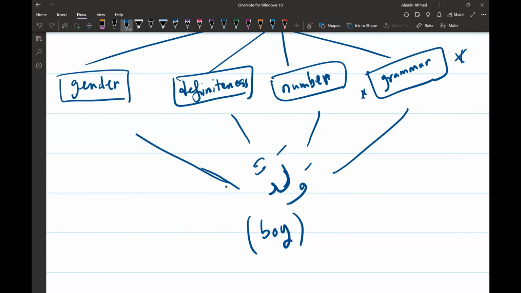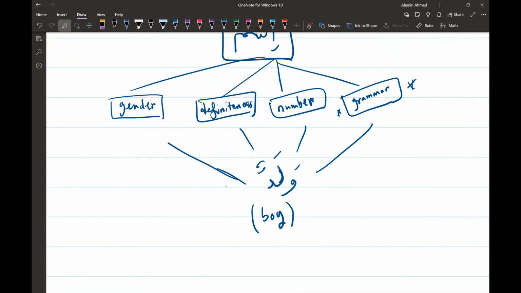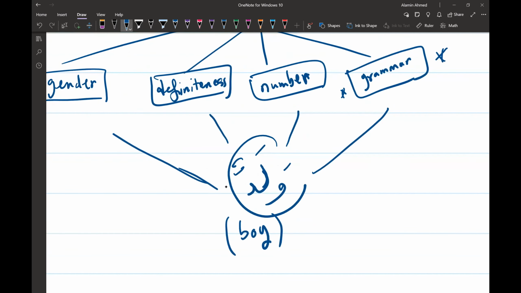And we also know its grammar state. How do we know its grammatical state? Just by looking at this word, inshallah, we'll go into details. We know that this word could be a subject and it can be a predicate, but it definitely cannot be an object.